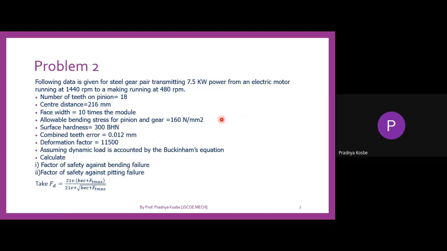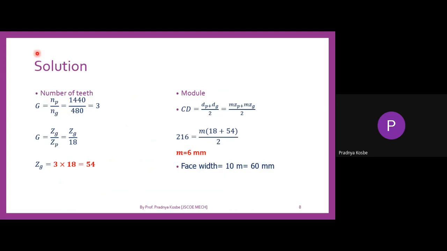Okay, so first we'll see factor of safety by beam strength. Now if you read carefully, up to allowable bending stress for pinion and gear, module is not given, right? So you have to find out module first. So you can find out module from the center distance. How to calculate that we'll see.